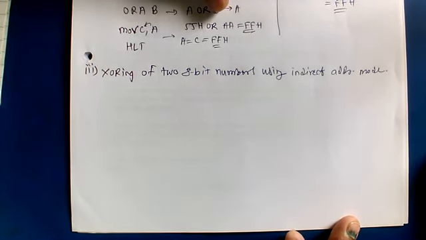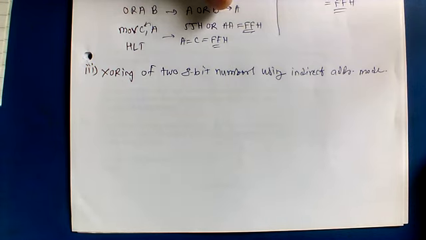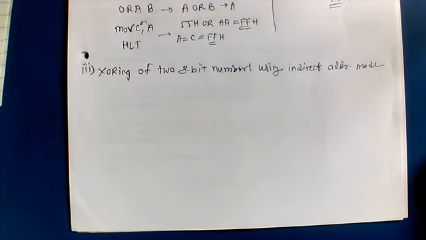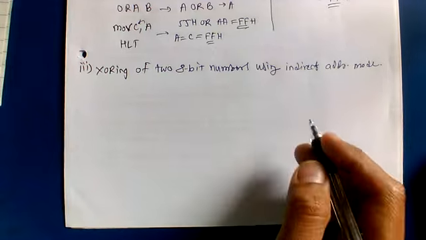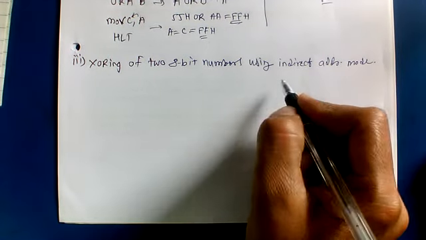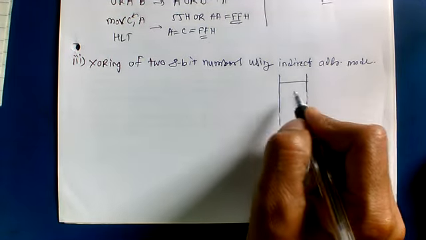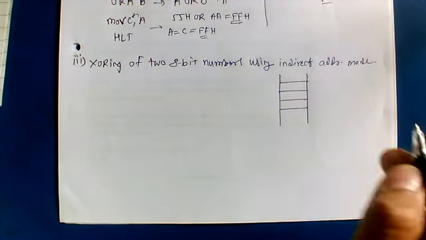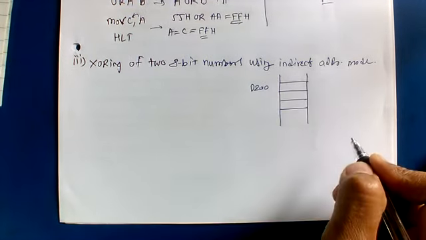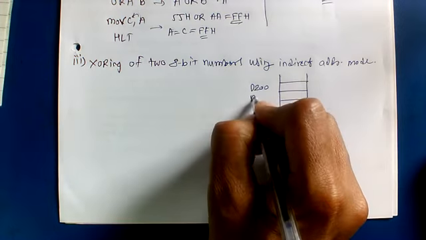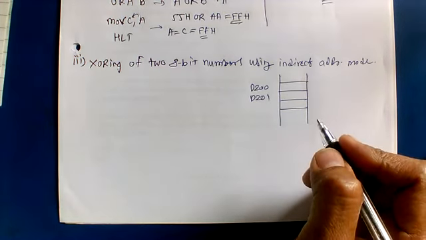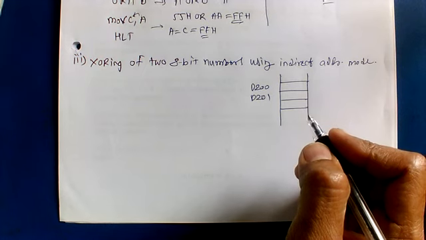As we are going to use indirect addressing mode, that means the two numbers must be available in memory. So suppose in the memory at locations D200 and D201, two numbers are there.